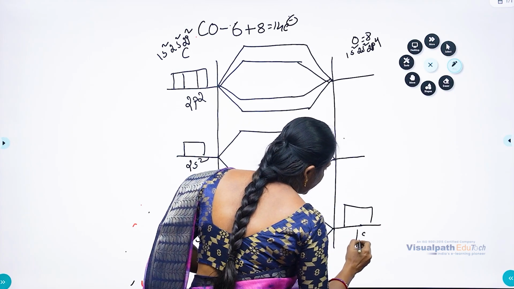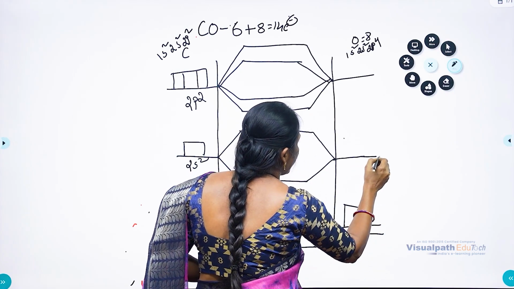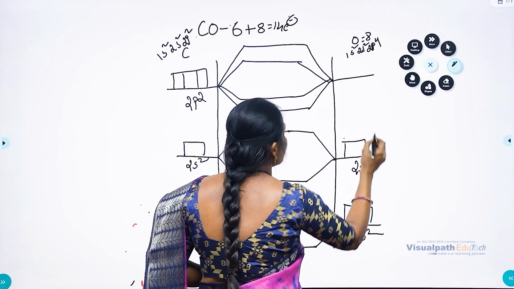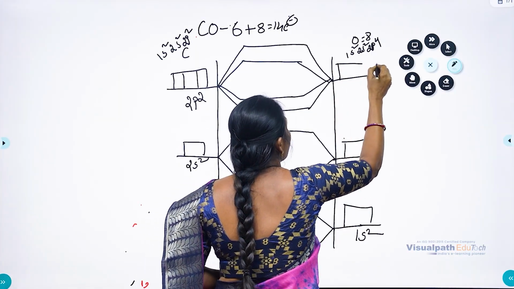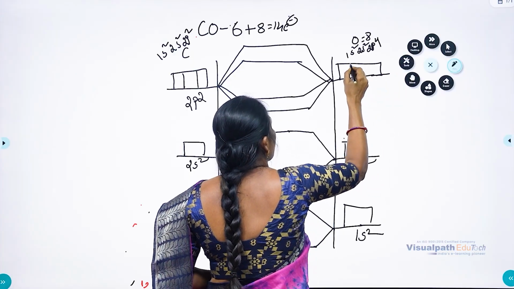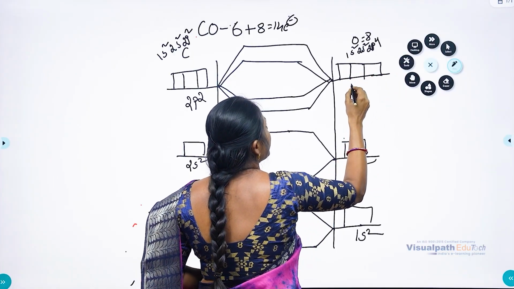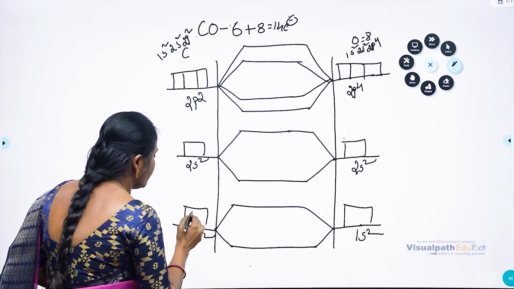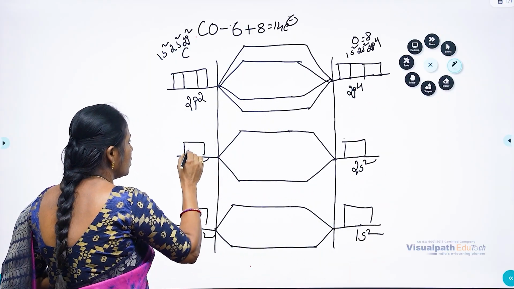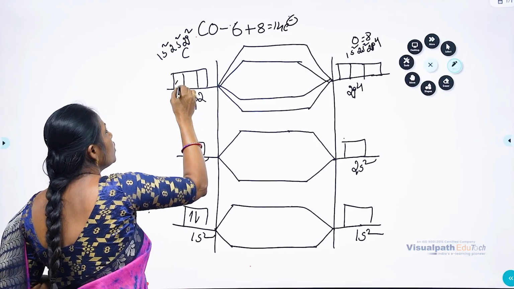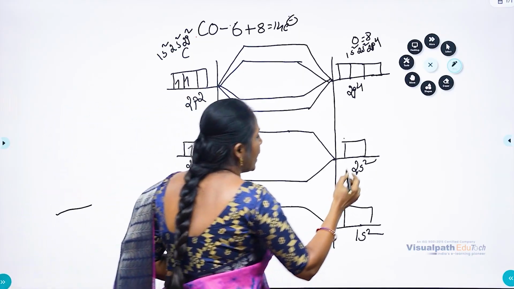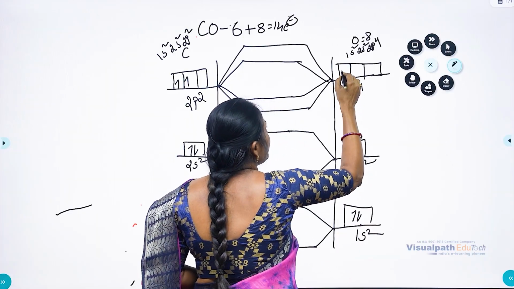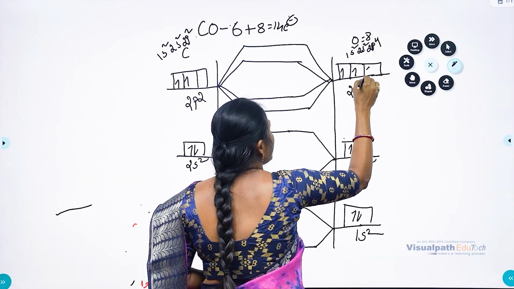It is 1s2, next 2s2, and next the 2p orbital. In this 2p orbital there are 4 electrons. So, next we fill the electrons: 1s2, 2s2, 2p2 and here 1s2, 2s2, 2p4, 1, 2, 3, 4.